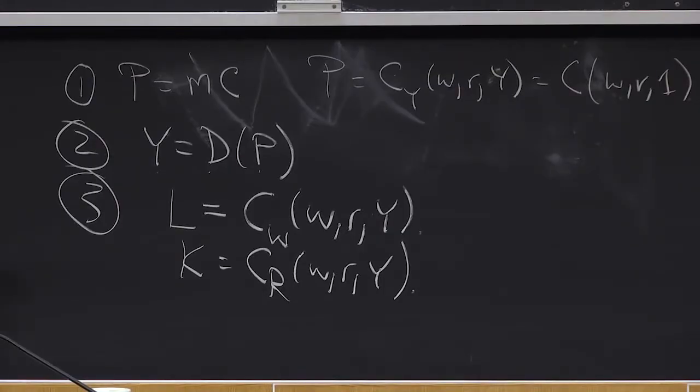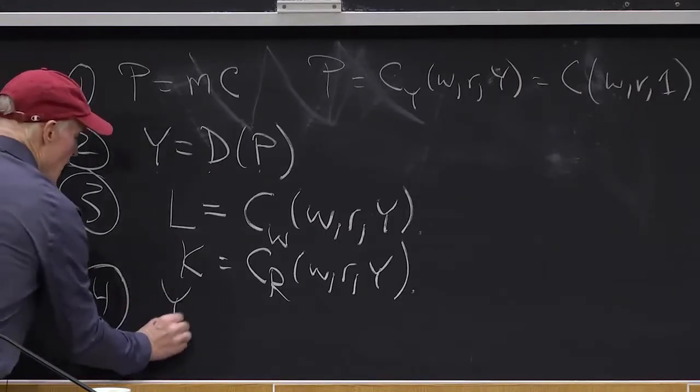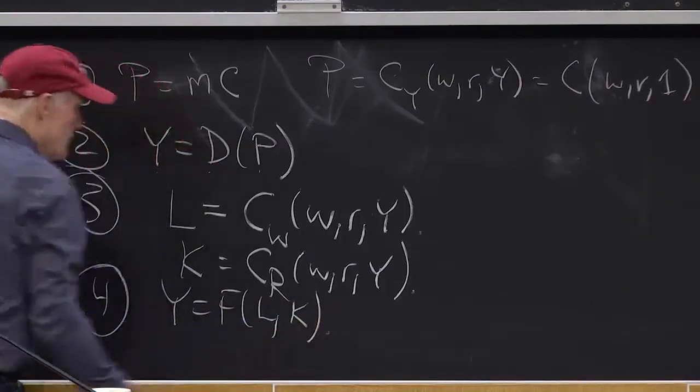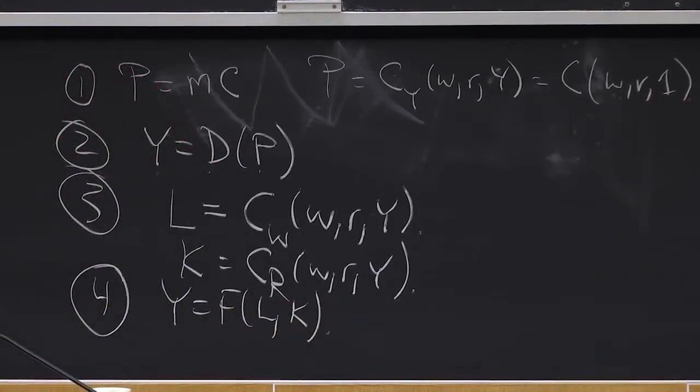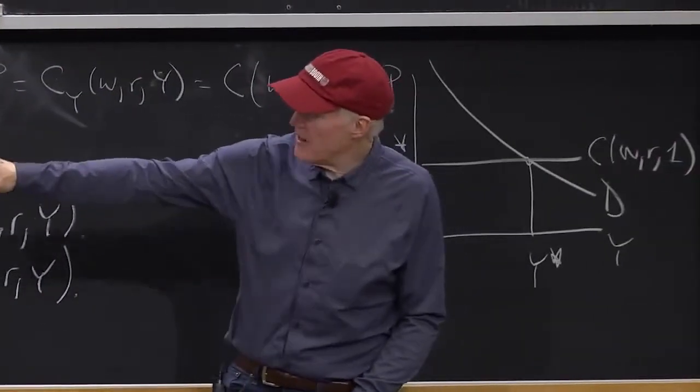Oh, no. I need number 4, which is Y equals F of L and K. Right? I need labor and capital sufficient to produce the equilibrium amount of output. So what I'm going to do, just like I did over here, is think about changes.